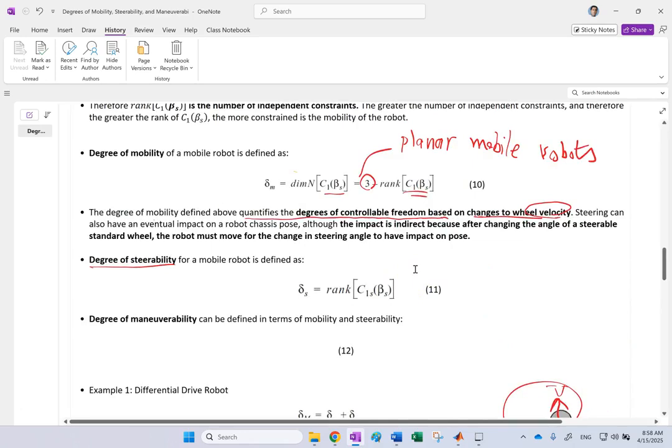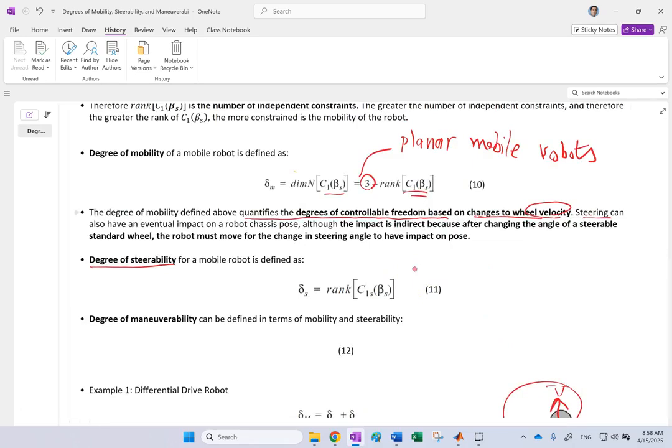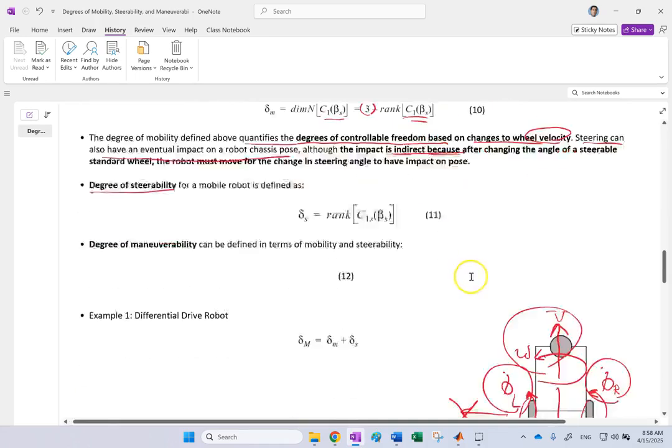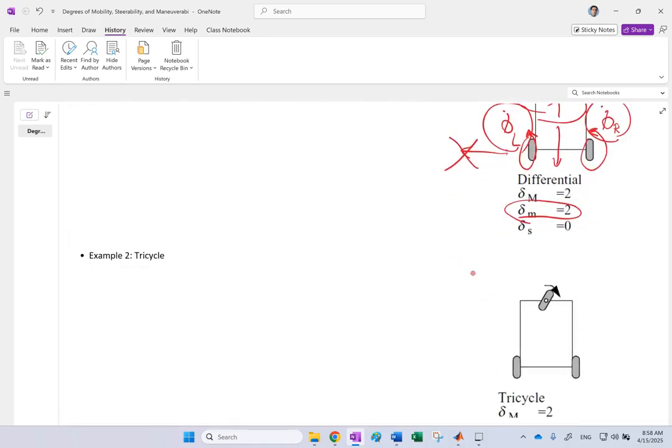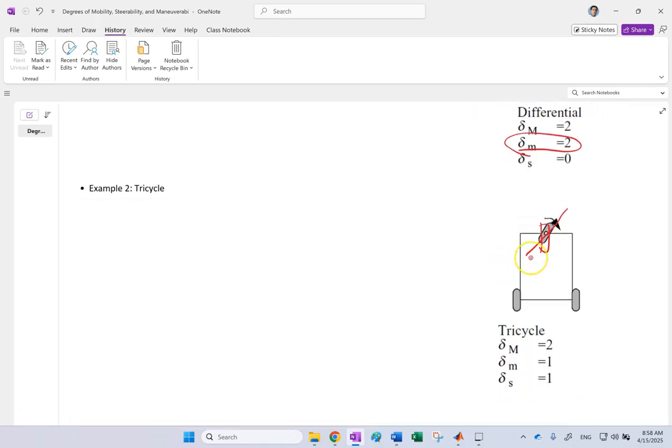Now, a steering wheel will allow another impact on the system's degree of freedom, but that is indirect. Why is it indirect? Because if I have a tricycle like that, and instead of going straight like this, I turn it and put it at this angle, I cannot see the effect of that steering right away as long as these guys are not spinning.